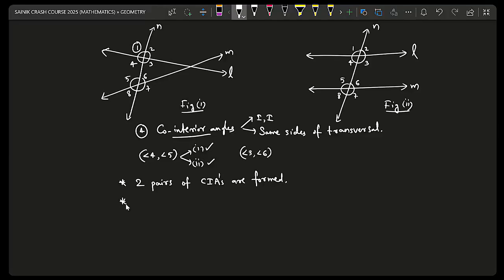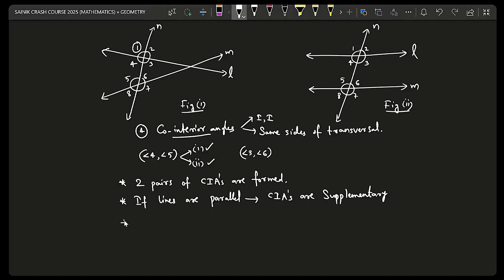And if lines are parallel, then don't think co-interior angles are going to be equal. Co-interior angles are going to be supplementary. Their sum is going to be 180 degrees.